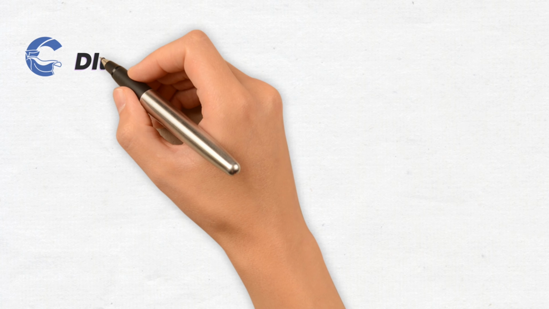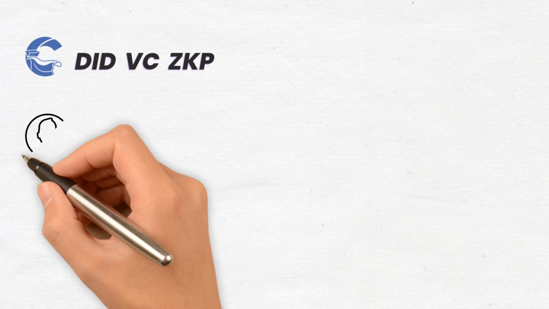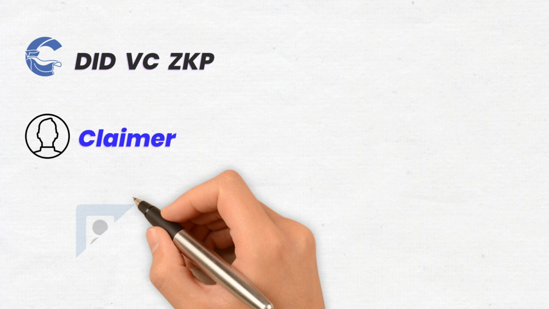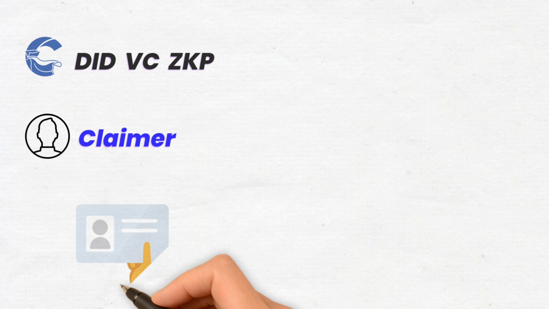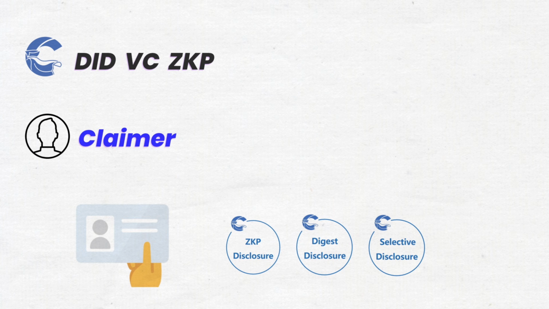zCloak's combined DID, VC, and ZKP identity system enables users or claimers to flexibly control the amount of information disclosure during verification. For instance, zCloak supports users to select how they want to present their identity data by providing 4 disclosure modes: ZKP disclosure, digest disclosure, selective disclosure, and full disclosure.